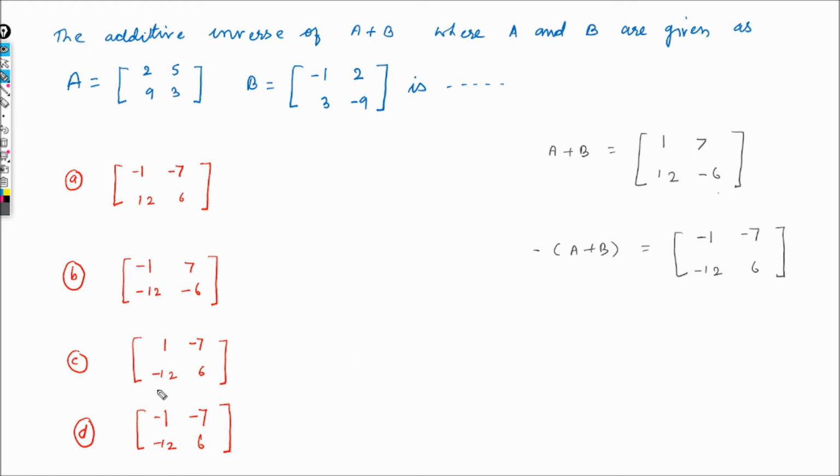So our answer, the additive inverse, will be minus 1, minus 7, minus 12, 6. D will be the answer.